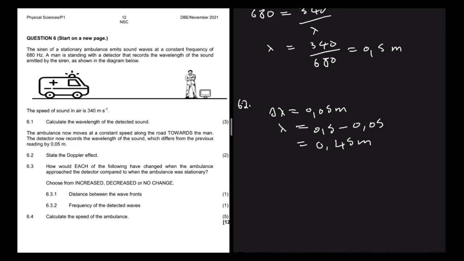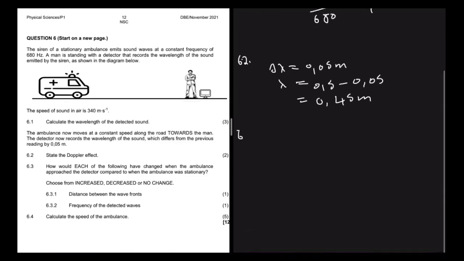This definition is just basically the formula, really. It's the change in frequency, pitch, or wavelength of the sound detected by a listener because the sound source and the listener have different velocity relative to the medium of sound propagation. And then we have 6.3. So 6.2, that's the definition.